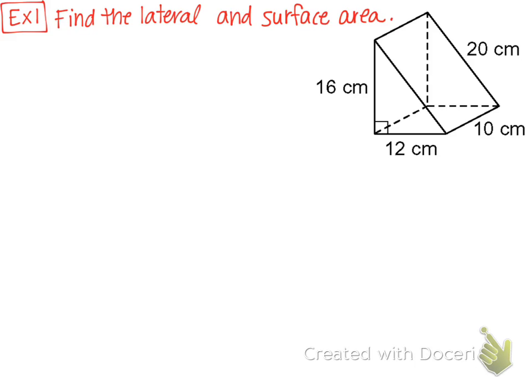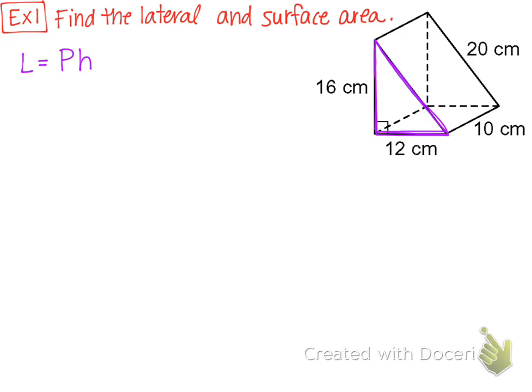Okay, so let's use what we're given. First of all, let's write the formula for lateral. Lateral is equal to P times H. The P means the perimeter. So if this is the base right here, what is the perimeter of this base?